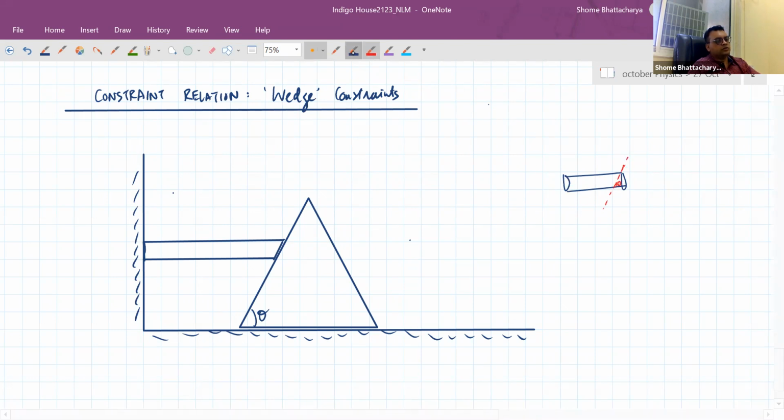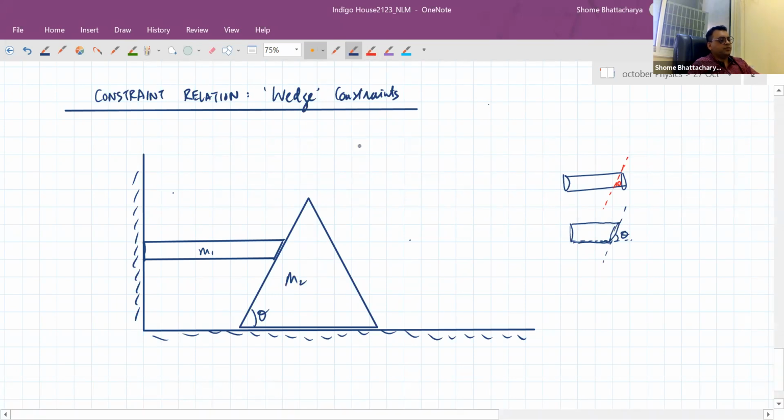So now we have got a cylinder which has a vertical face on this side. On this side, it's got this kind of a face. It's a plane surface, but at an angle theta with respect to the horizontal. So it fits onto the wedge perfectly like this. Okay. So this is of mass m1 and this is of mass m2.